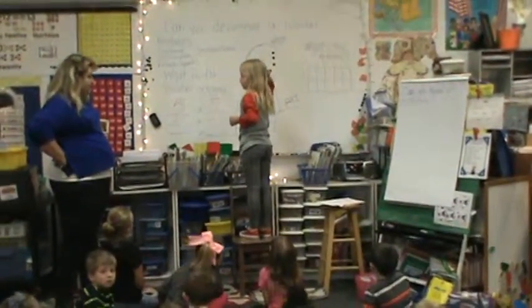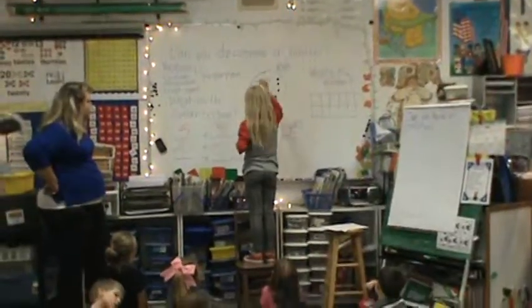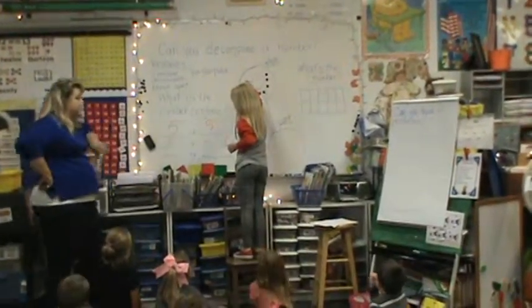Okay, so is there 10 up there? Are you sure? Okay, now break it on down, but it can't be one of these. It's got to be something different. What's a different way?